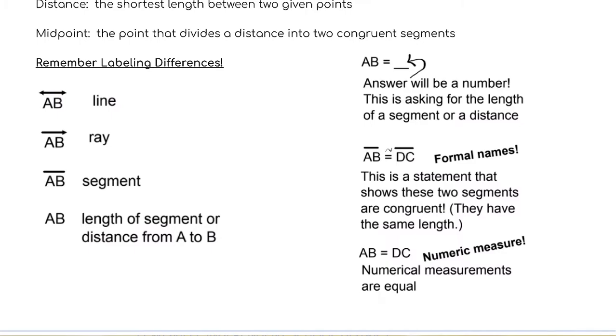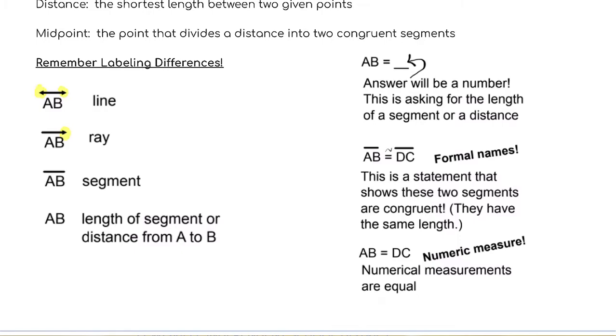A line has a symbol with the arrows on both ends above it. This tells us that the line will keep going forever in both directions. Ray has the bar with one arrow over it, and the direction of this arrow will always be to the right.